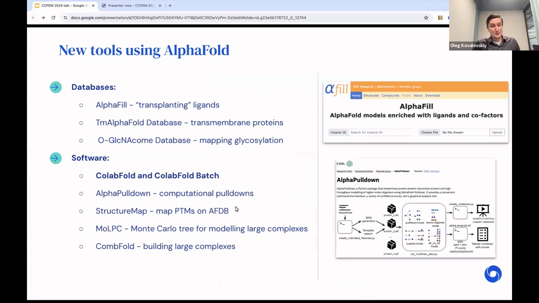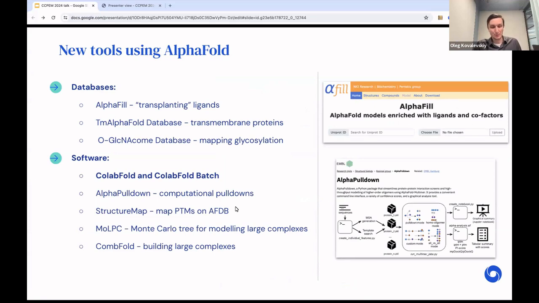We also have been really surprised by how quickly the community adopted AlphaFold and built on it for new applications. That's been incredibly exciting for our team to see, and that's an absolute win. For instance, AlphaFill, which came from the PDB-REDO developers, complements AlphaFold predictions with ligands where available. And also AlphaFold predictions were integrated into specialized databases like those of membrane proteins and glycosylation.